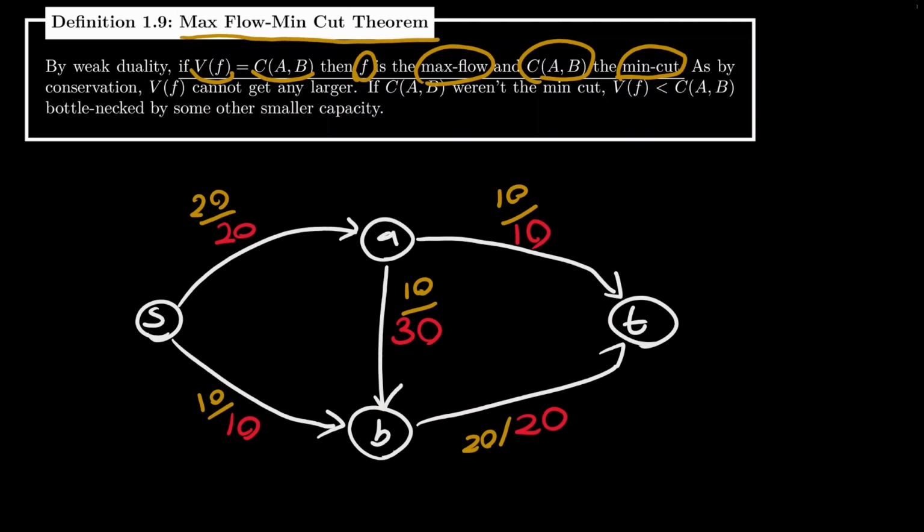By our laws of conservation, the flow cannot get any larger than that. By contradiction, if that capacity cut weren't the min cut, then the value of the flow must be less than that capacity cut, as it must have been bottlenecked somewhere by some other smaller capacity.